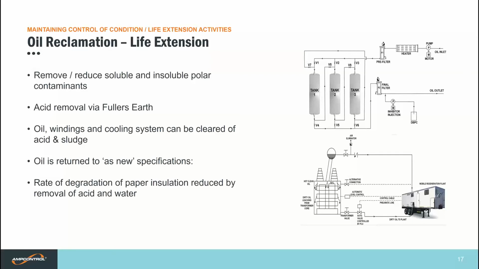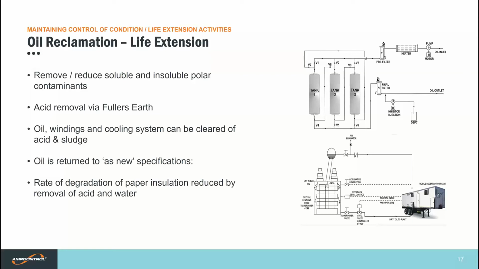With the filtration process, we can remove soluble and insoluble polar contaminants from the oil via Fuller's earth, which is a naturally occurring clay. We can clear the oil in the windings and the cooling system of acid and sludge, and we return oil to as-new specifications. This can reduce the rate of degradation of paper by removing acid and water from the system.